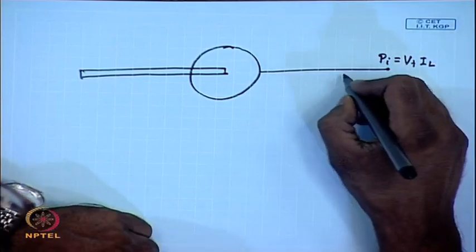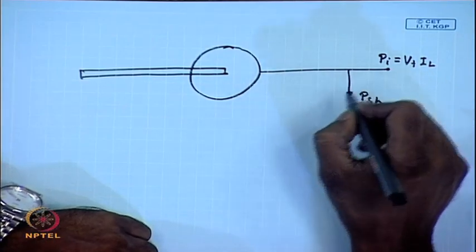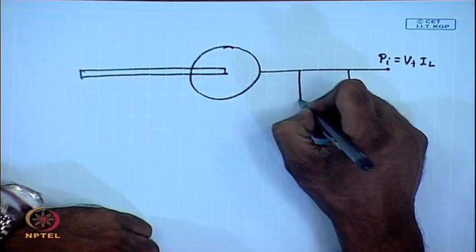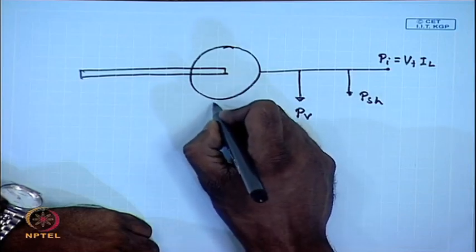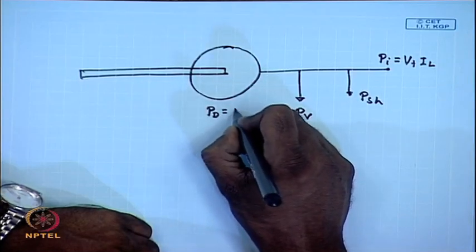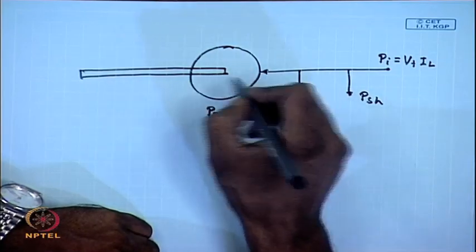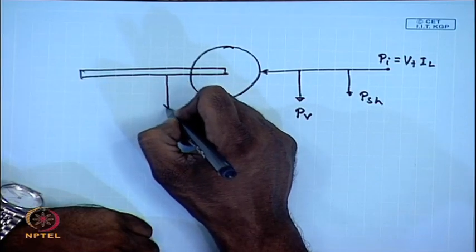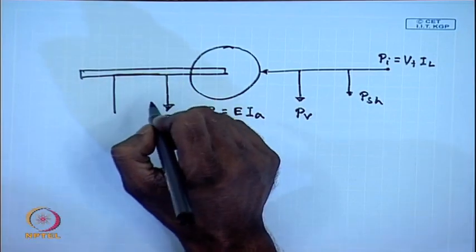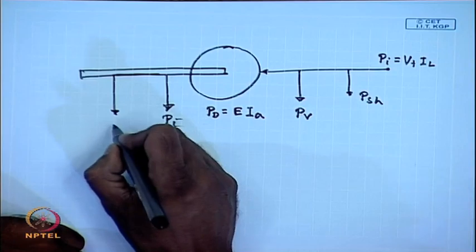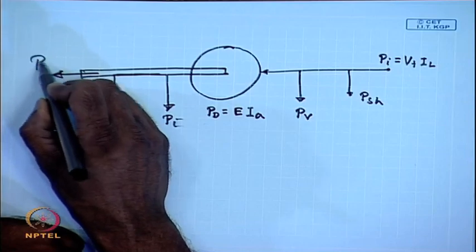The first component of loss that goes out is the shunt field loss, and then this Pv. Here you get P developed equal to E Ia. From there, P iron it has to overcome, and then it has to overcome mechanical losses, and finally, you will have the mechanical power output.